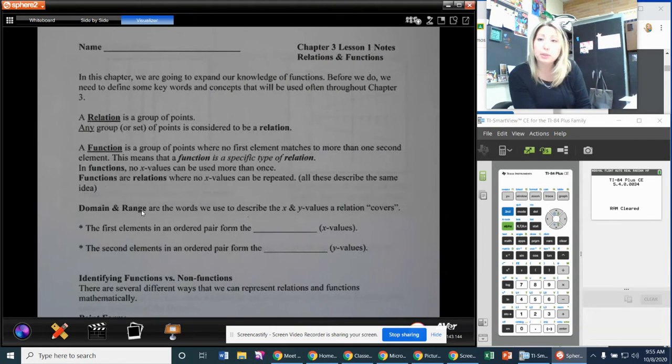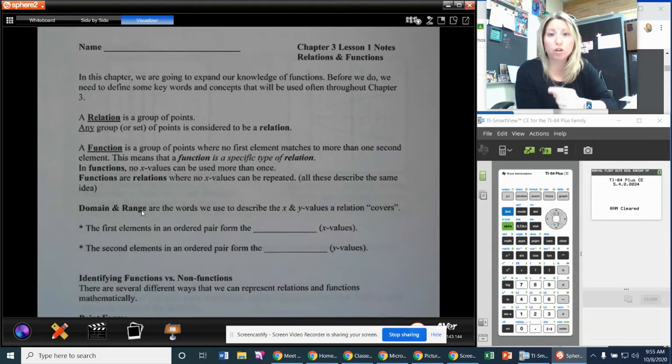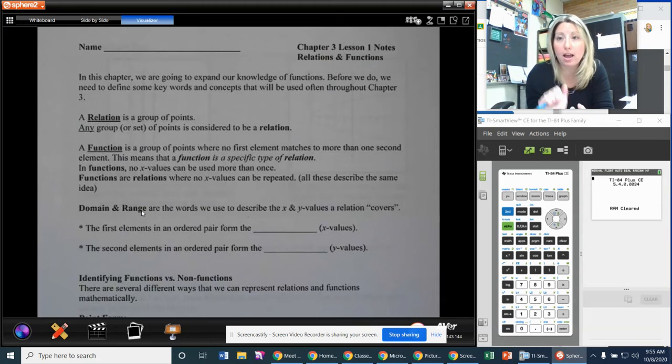There is a completely separate lesson on these 2 words, but domain and range are the words we use to describe the x and y values that get covered by any of your functions and relations.